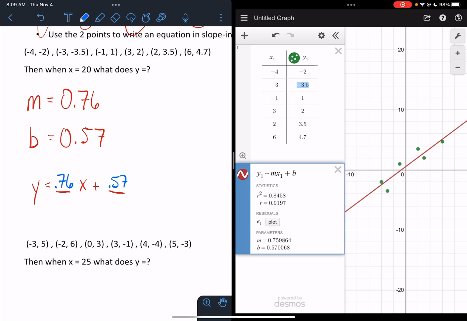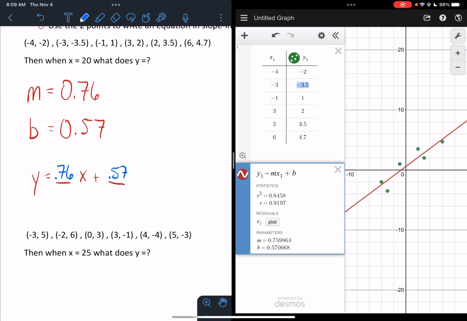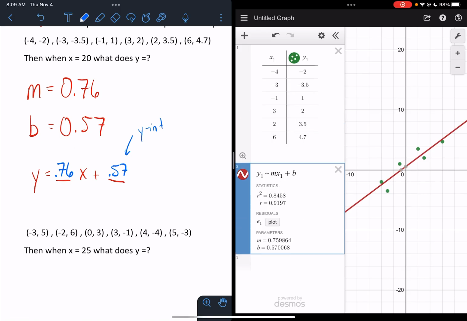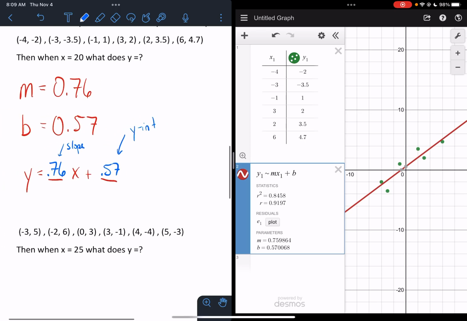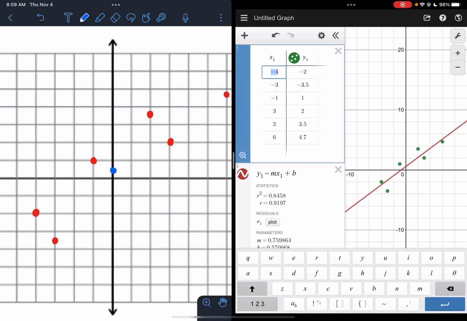So if I wanted to hand draw my line of best fit that I've calculated here, this is my starting point, my y-intercept, where my graph crosses my y-axis. And then this is my slope. So I'm going to start about halfway up. And then for each line, I'm going to go up 0.75, which again, if I go up right here would be going up by 1.